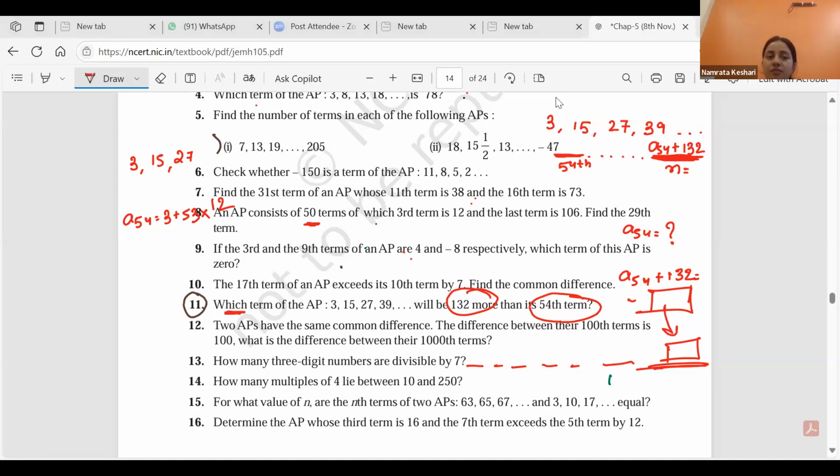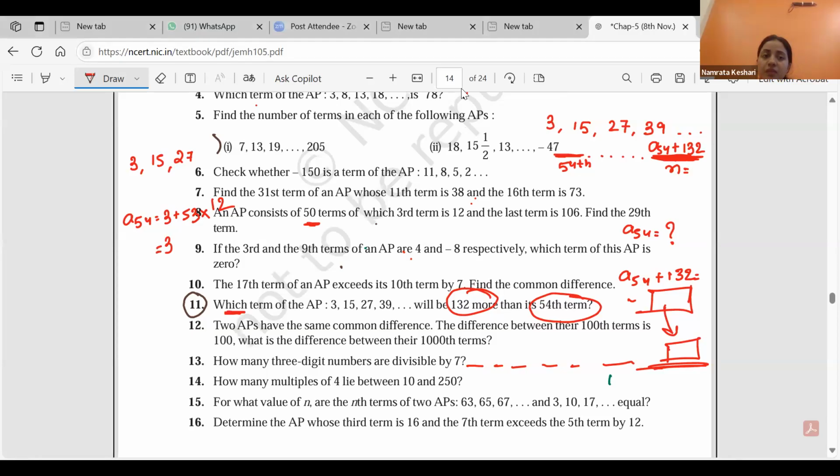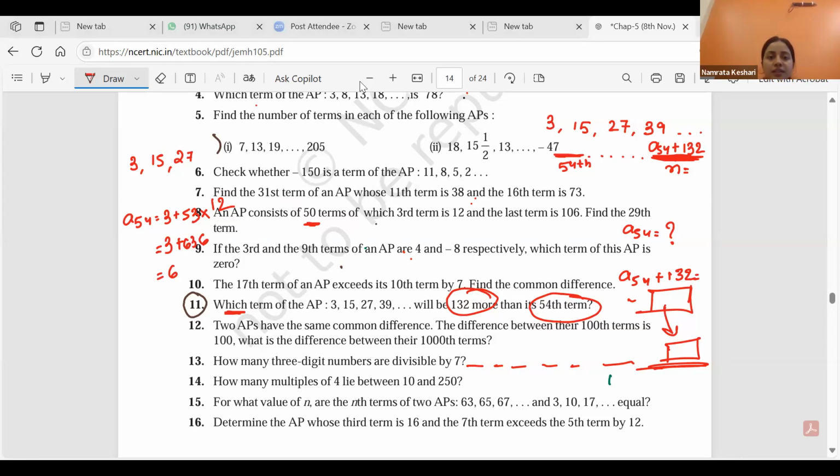Okay, let me check. Yes, Inan, I'm checking. Yes, everyone, whoever has already answered, I'm checking. So 3 plus 53 into 12. Is it 636?